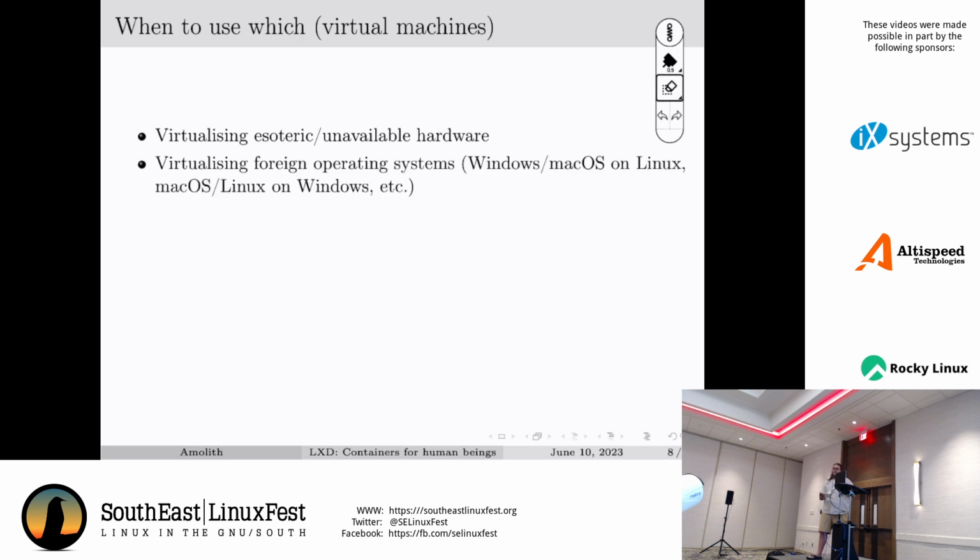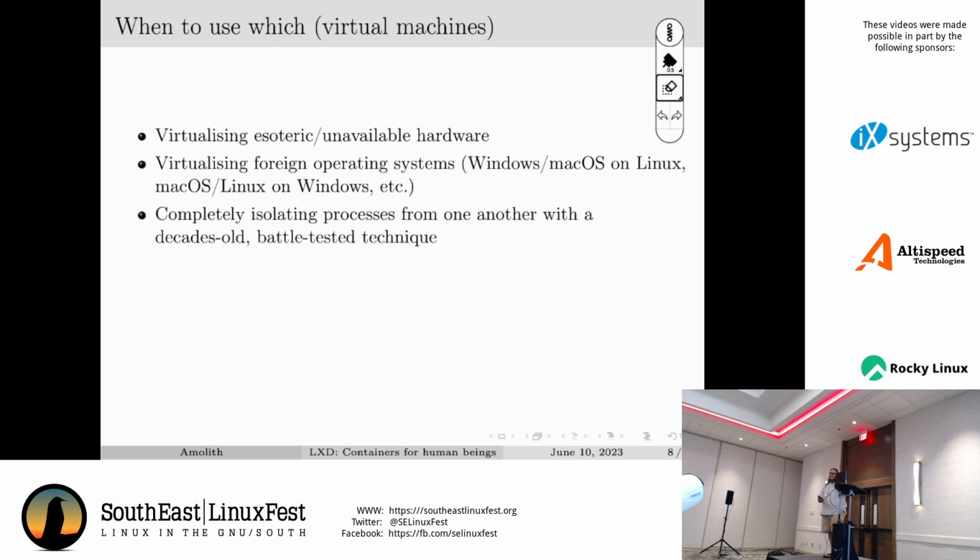You can also virtualize foreign operating systems. With containers, you can only run Linux systems in Linux containers. But with virtual machines, you can virtualize anything. Run Windows, macOS, Plan 9, whatever on Linux. Or any of those systems on Windows.